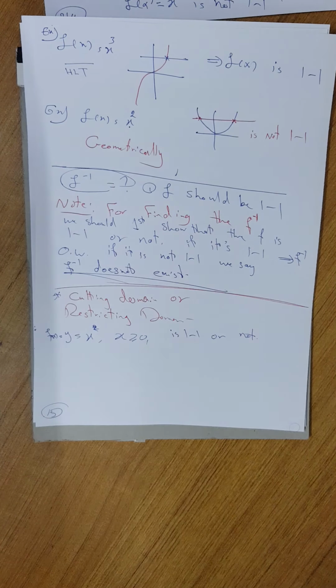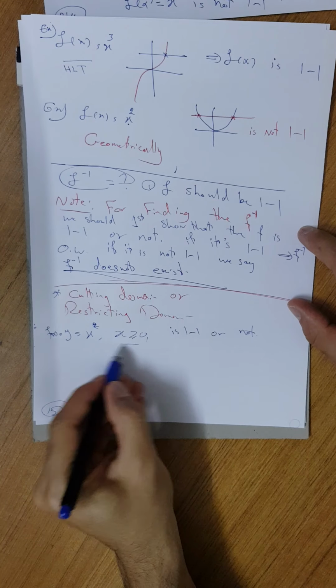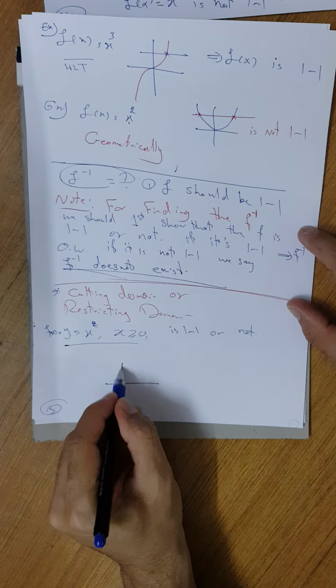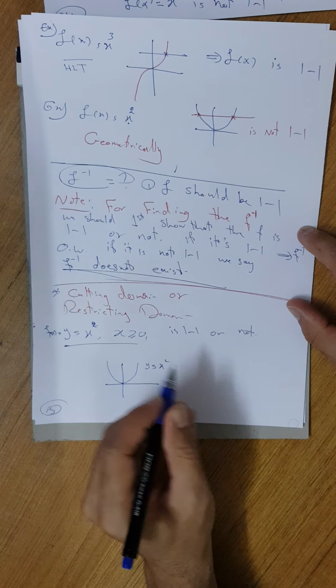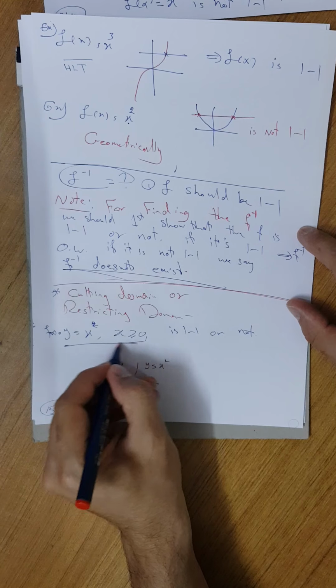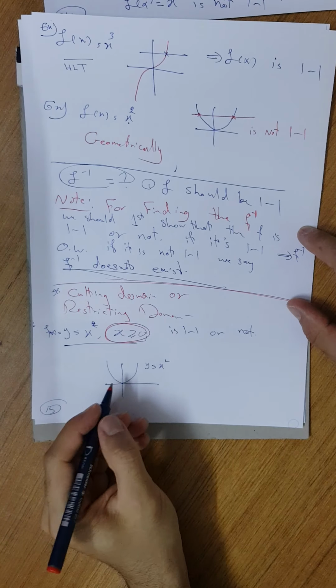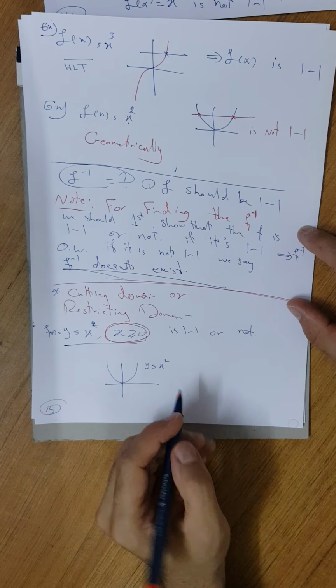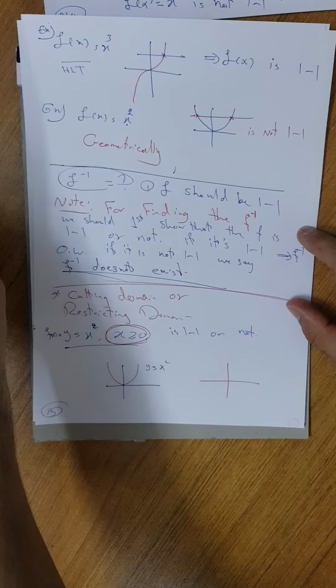I have another idea. If you want to sketch this one, as you know, we have y equal to x squared. But I gave you a condition, like a piecewise function. Do you remember? If you have a condition, how do you decide whether the function is one-to-one or not? Depending on this condition, my graph will change.